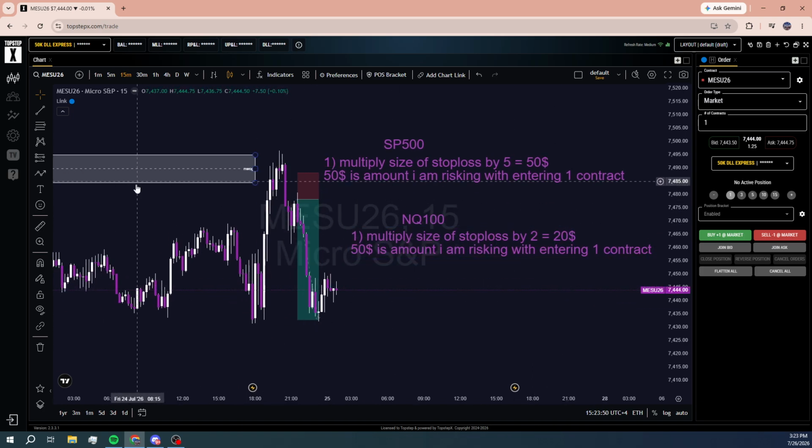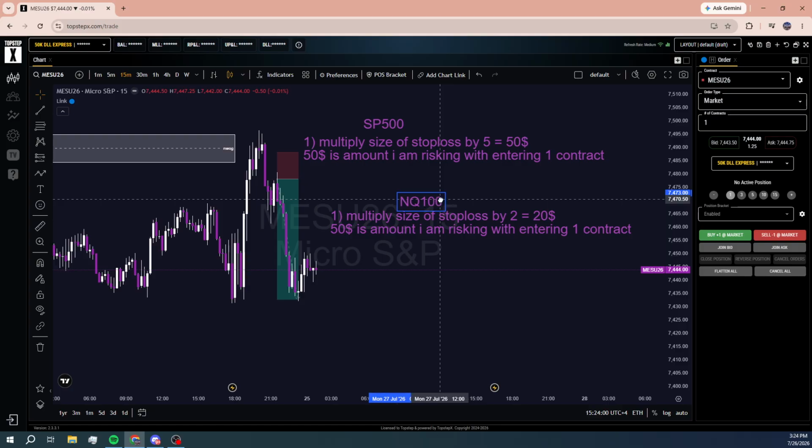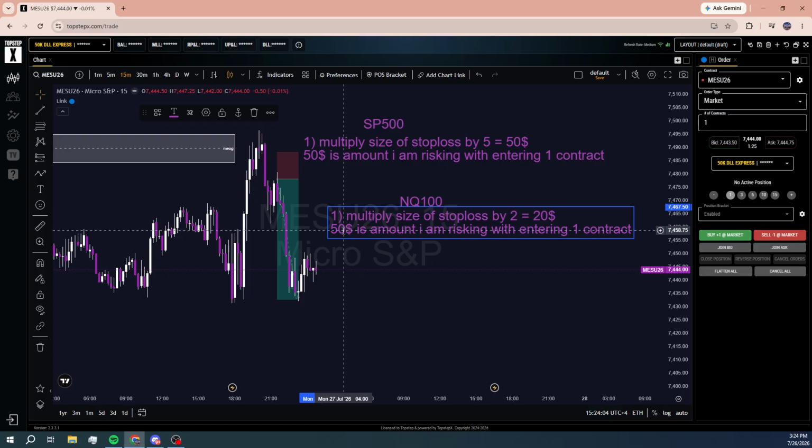So if this chart was Nasdaq and Nasdaq's stop loss size was 10 points, what would we do? We would not multiply by 5. On a Nasdaq chart, we would multiply by 2. So it would mean that $20 is the amount I am risking with entering one contract.